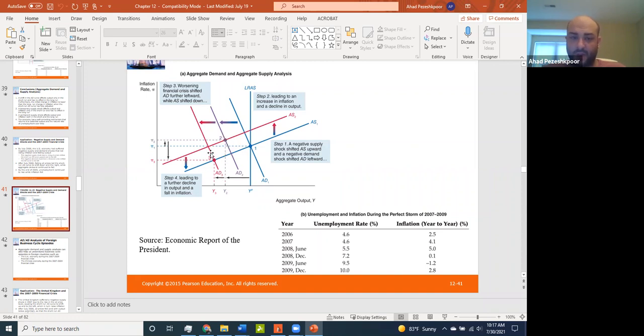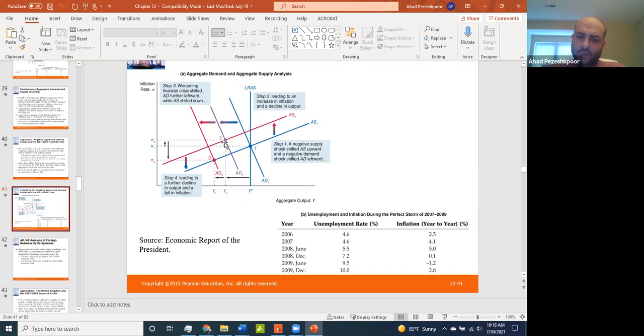But then, thankfully, at least for the United States and not Venezuela, the worsening financial crisis shifted aggregate demand further leftward, which kept getting worse and worse, leading to a further decline in output and a fall in inflation. You can see here.